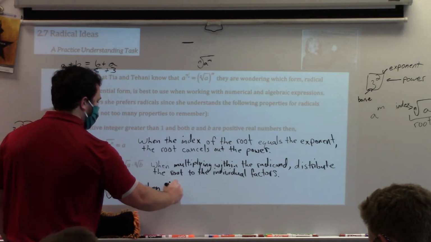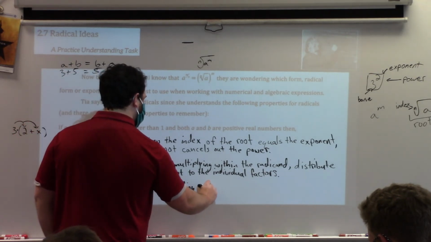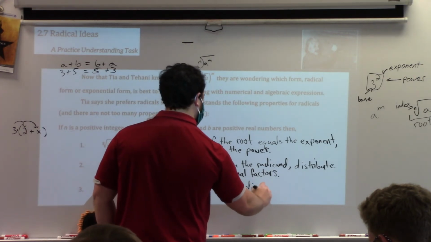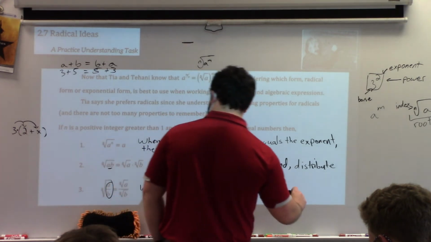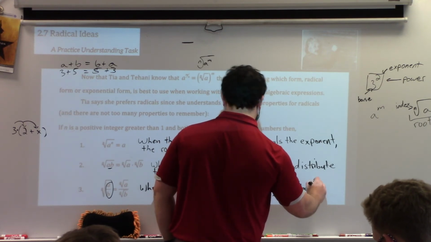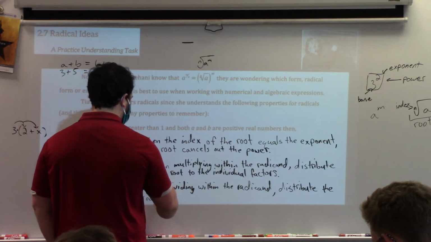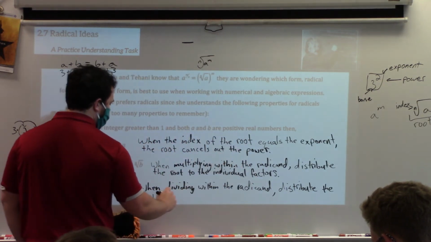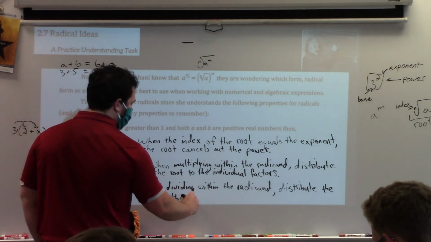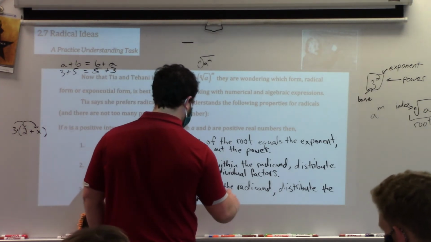When dividing within the radicand, distribute the root, and let's say it this way, to the numerator and denominator. Right? Isn't that what we call these things in a fraction? Yes. So I think that might be a little bit more clean language.